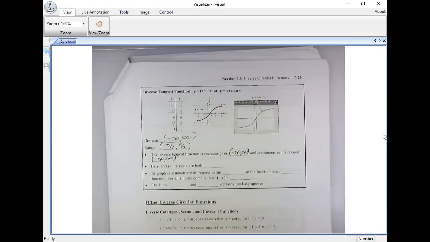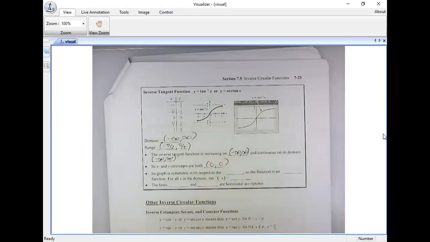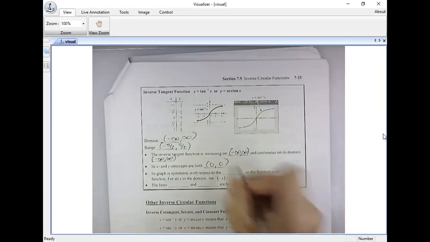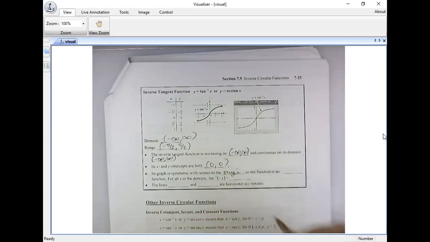Yeah, it's at the origin, 0, 0. Do you see any symmetry for this one? Very good. It has that rotational symmetry. So it is symmetric to the origin, and that means it's what kind of function? Odd. Excellent.